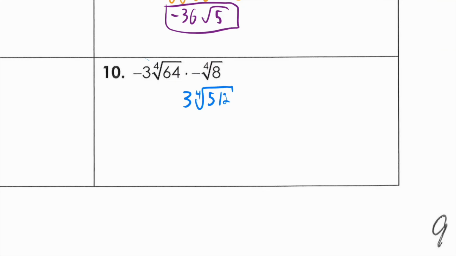That's 8 cubed. Anyway, and so we have 3 times the 4th root, as we look to simplify this, of 256, times the 4th root of 2. The 4th root of 256, if you're curious, is 4, which is why I picked that, times the 4th root of 2. That gives us 12 times the 4th root of 2.